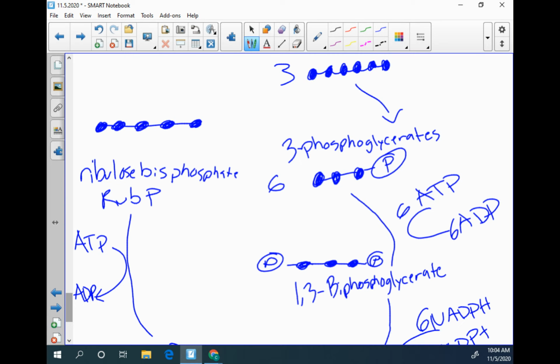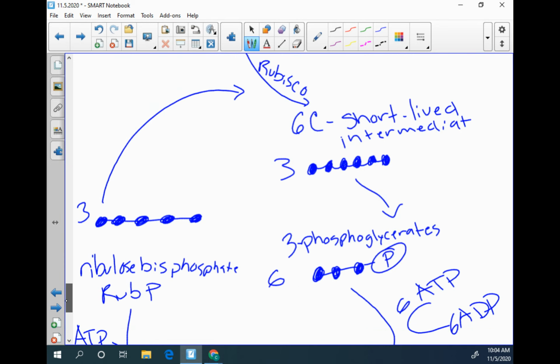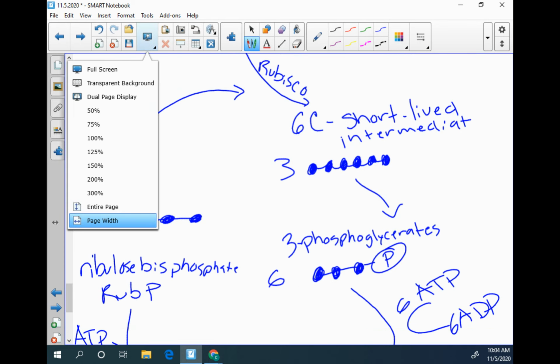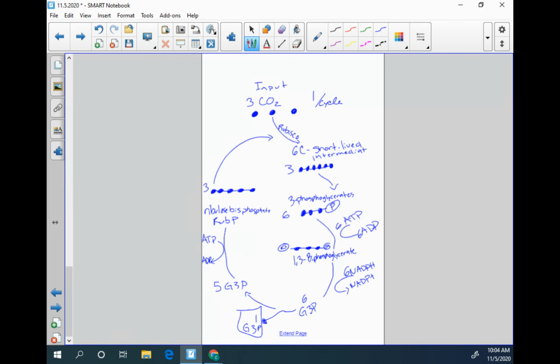We're actually going to get 3 of those. And those 3 5-carbon sugars are going to go up and get a carbon dioxide attached to it through Rubisco. That's our Calvin cycle.